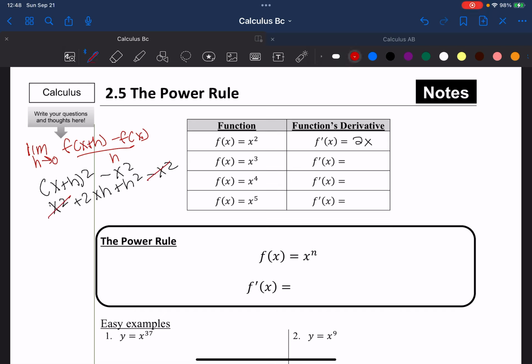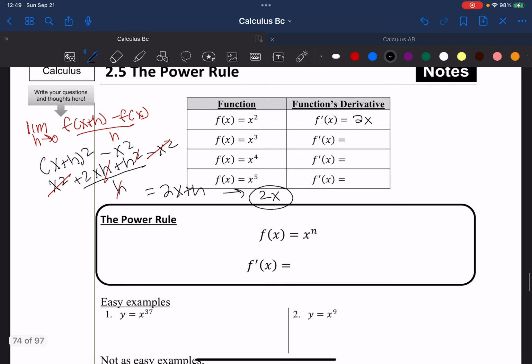The x squareds cancel out. Everything left over is divided by h. I cancel out an h from each of these, and I am left with 2x plus h. But as h approaches 0, this is just 2x. So that's how you found the derivative before.